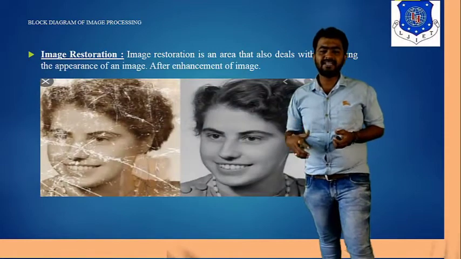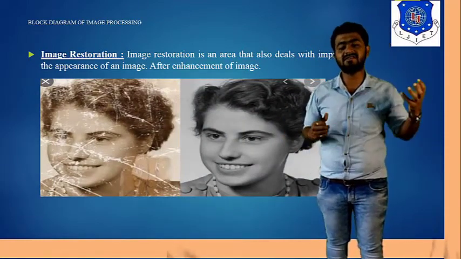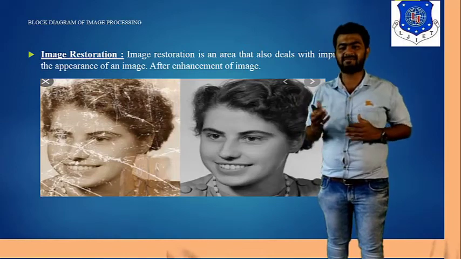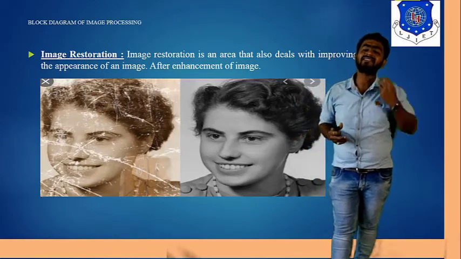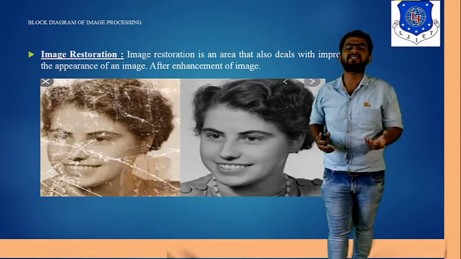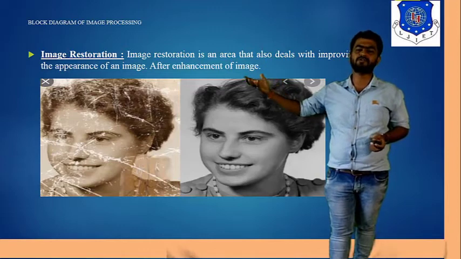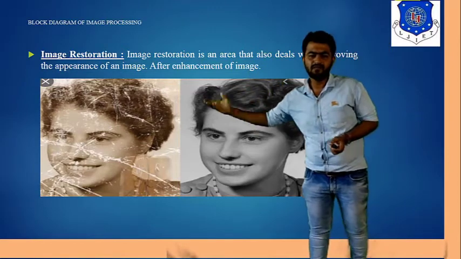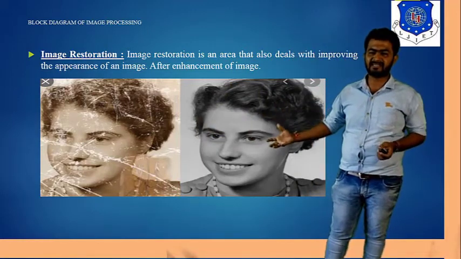Image restoration, that I already told you. Suppose you have some images which are very old, with scratches or cracks on them, and you want to extract the meaningful content from the image. Then it is possible with the help of the restoration process. As you can see, we have an image with different types of cracks, and after applying the processing, we are getting a better result.